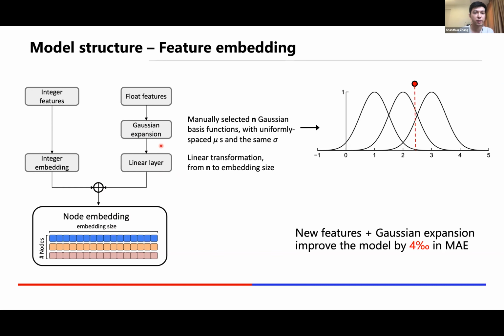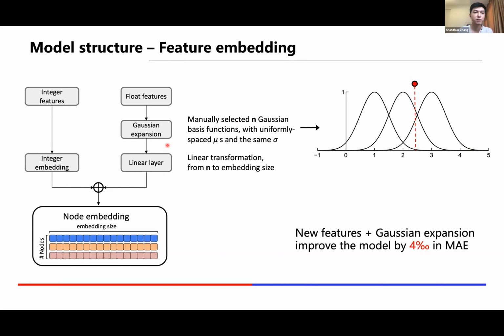So what we did is to use a technique called Gaussian expansion, which is from previous literature. We manually selected n Gaussian basis functions with uniformly spaced mu's and the same sigma. You can see from this figure, a floating point feature comes in, and this floating point will be expanded to n floating point values based on the values of these n Gaussian functions.